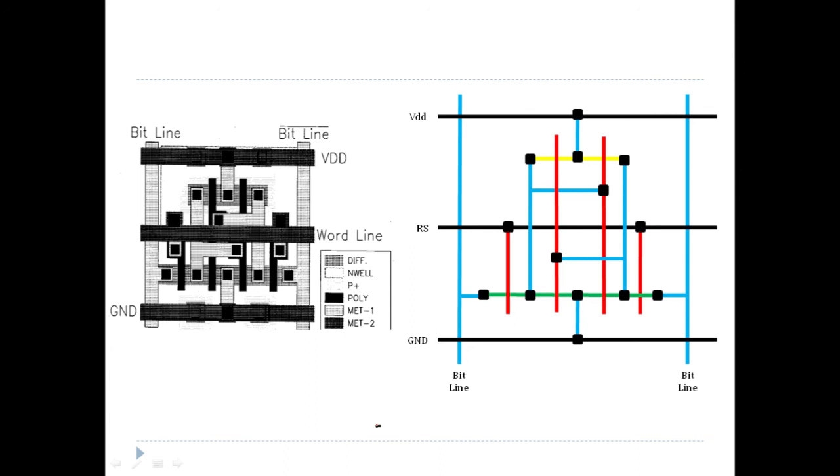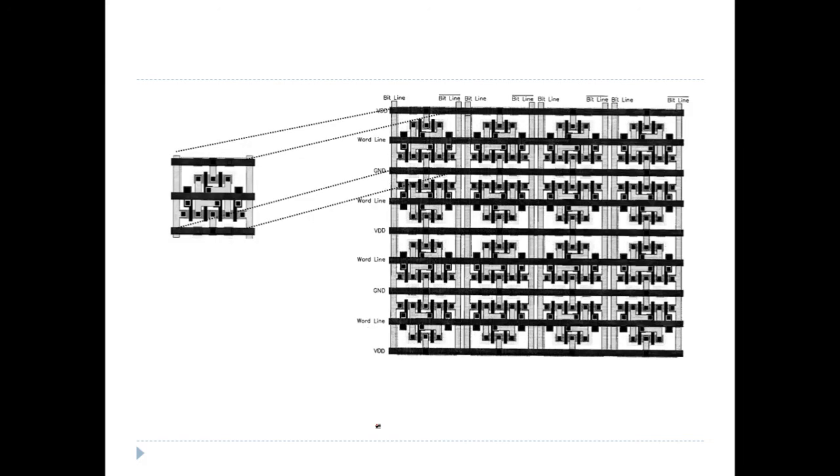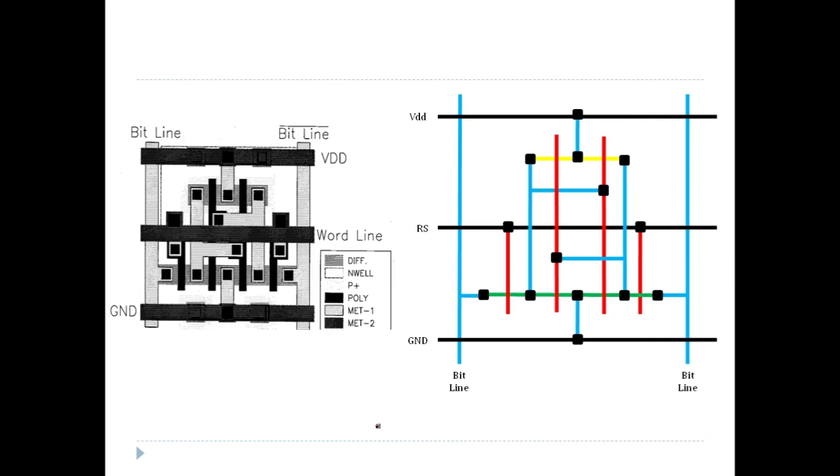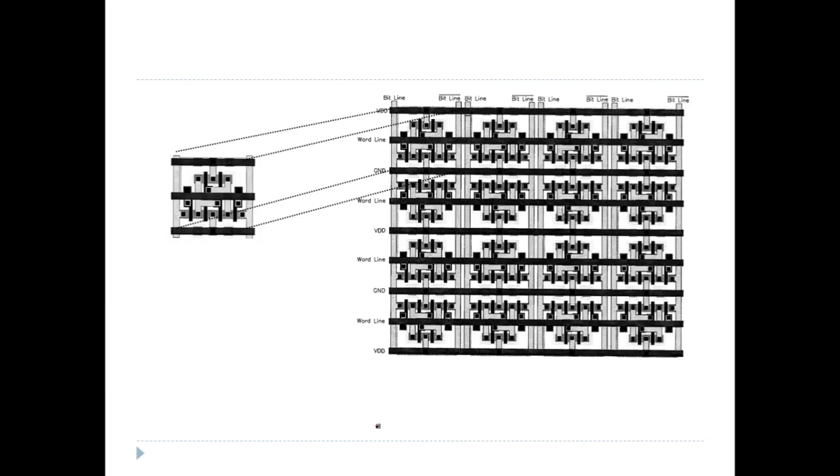If you follow the lambda rule, you can draw a static mask layout for the structure. So this is a mask layout for one cell. We have discussed that memories have uniform fabrication or uniform cell structure. That's why their layouts are very uniform. So the same cell can be repeated 4 times in a row and 4 times in a column.